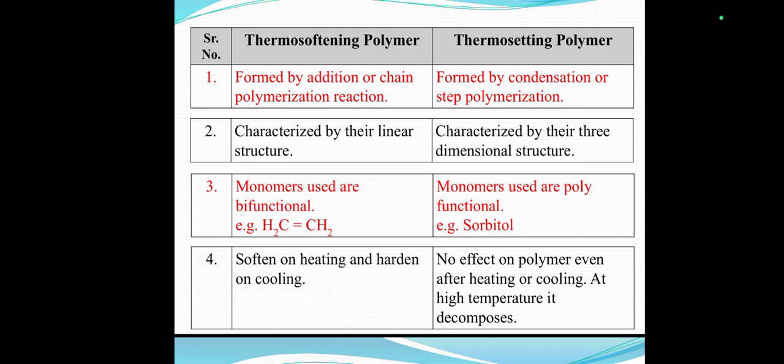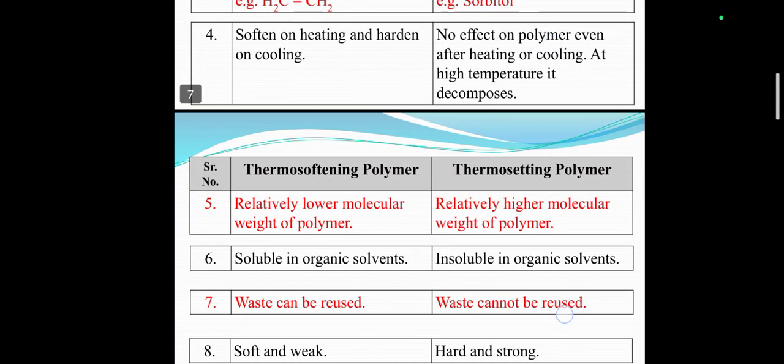Once formed, no change. If we apply more temperature, it will decompose, but it will not become soft on heating. So thermosoftening: soft on heating and hard on cooling. And thermosetting: once formed, no change.